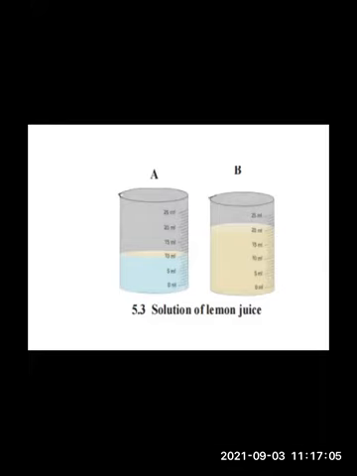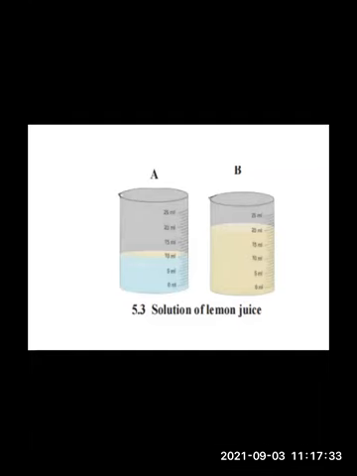So the ratio of the quantity of the solute to the quantity of the resulting solution is different. This ratio is larger for the solution in the first beaker, and therefore that solution tastes more sour. Whereas the proportion of the lemon juice in the total solution in the second beaker is smaller and the taste is less sour.